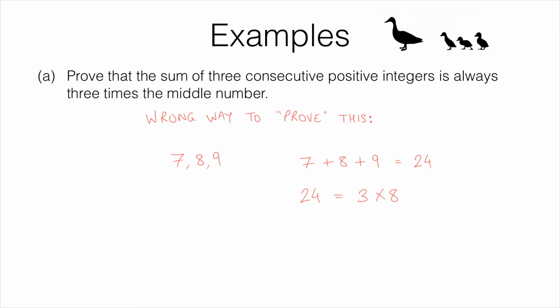Now, a student could try all of those and find that the sum of those numbers always does happen to be 3 times the middle number, but that's still not a proof that it works in every single case. You can never try all the possible sets of 3 consecutive numbers. So we need to find a smarter way, and that's what we're going to look at in the rest of this video. So here's what we do.